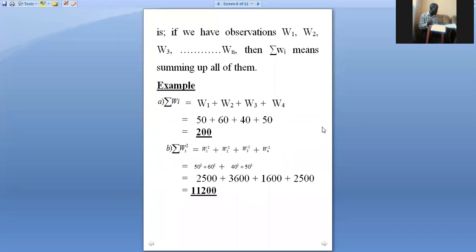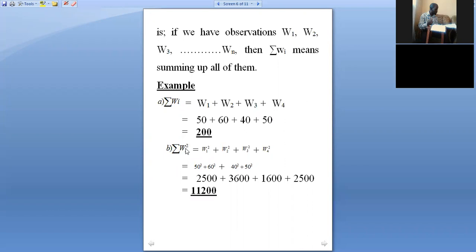Members, we had said that when a summation notation does not point out the upper and lower limits, they are telling you to sum up every data given. Look at examples A and B here. Sum up the squared observations of Wi.